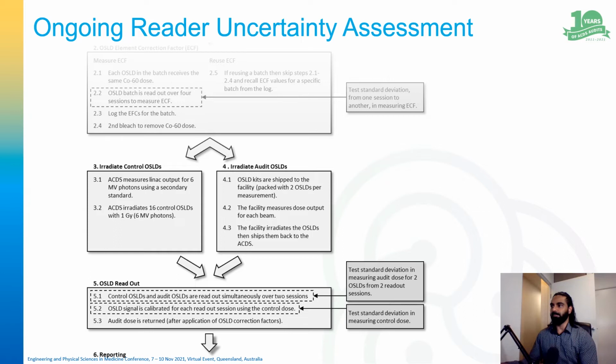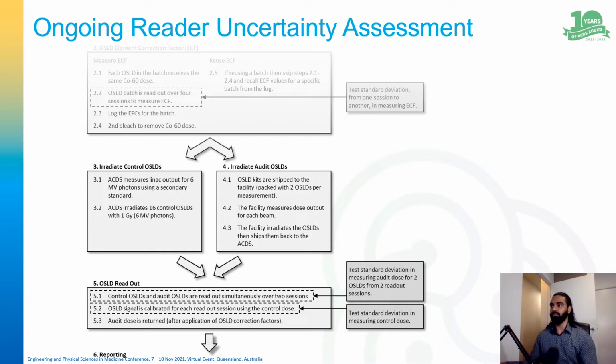When a batch is prepared for audit, we set aside 16 control OSLDs, which we deliver a known dose to via our LINAC. These control OSLDs are then read out simultaneously with the audit OSLDs over 2 readout sessions. And in doing so, we can calibrate the audit OSLD signals.